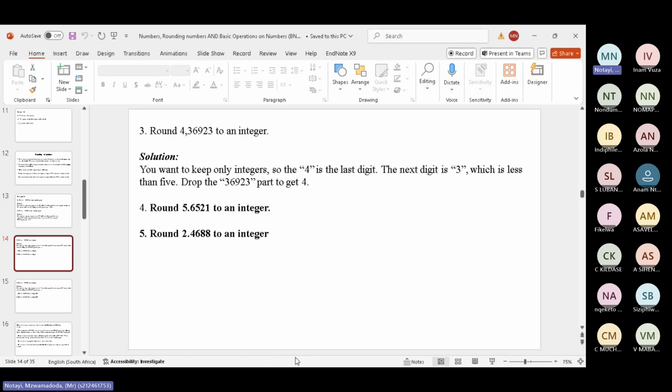Okay, the second one, which is round 2.4688 to an integer. So we keep 2, obviously, and then we look at the number that comes after that. So we see that it's 4. 4 is less than 5, so that means everything else that comes after 2 will be discarded. So we leave 2 as it is. So the correct answer is 2.